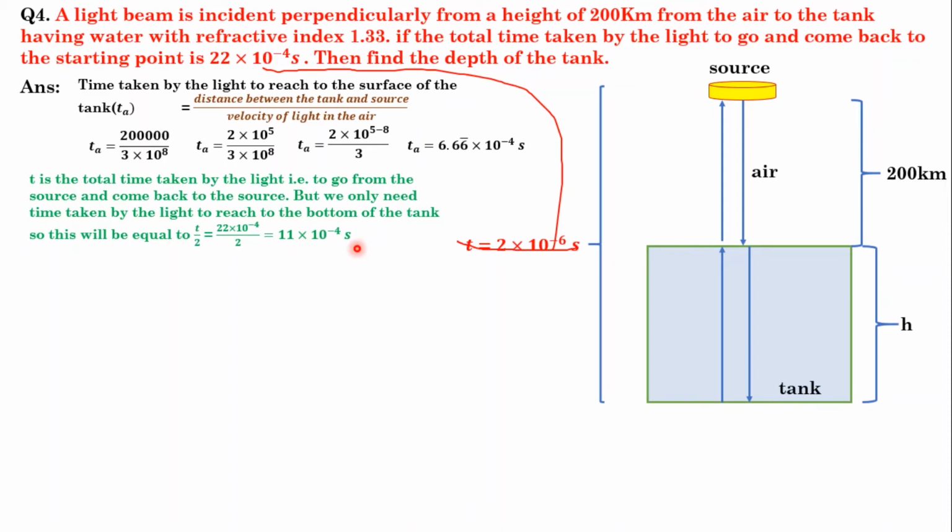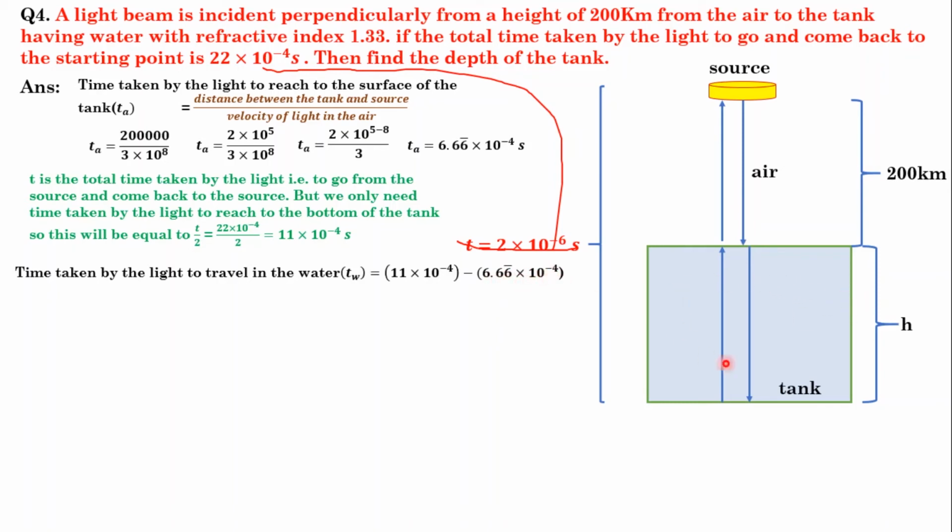Time taken by light to travel in water, what is it? Time is equal to the total time minus this time. We know that this total time is t by 2, and this time we know is 6.66 into 10 to the power minus 4.